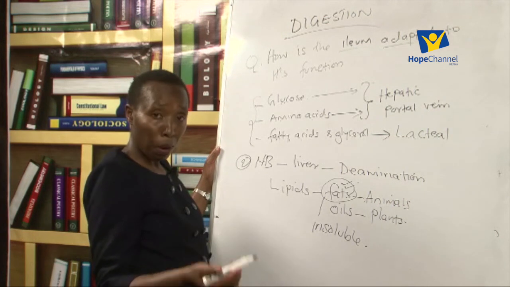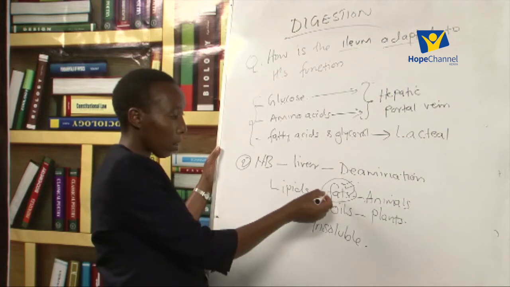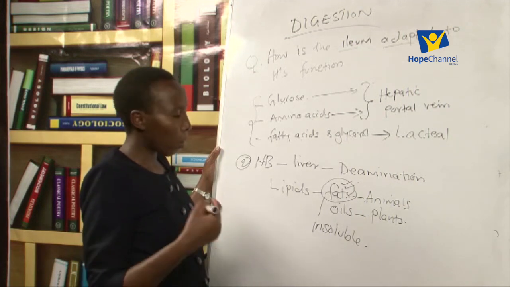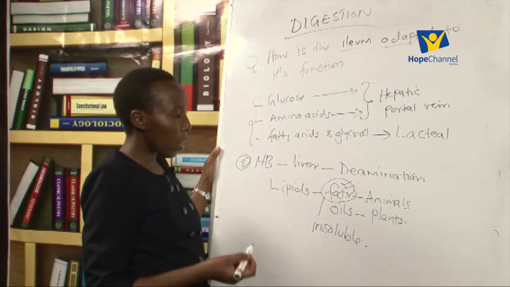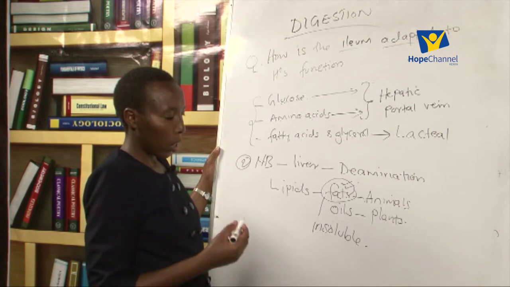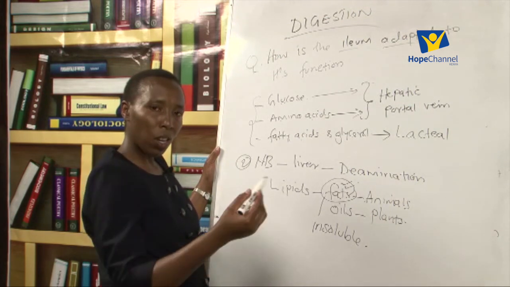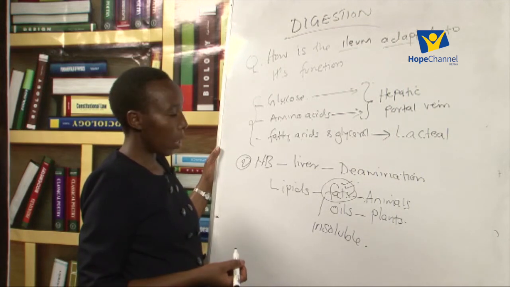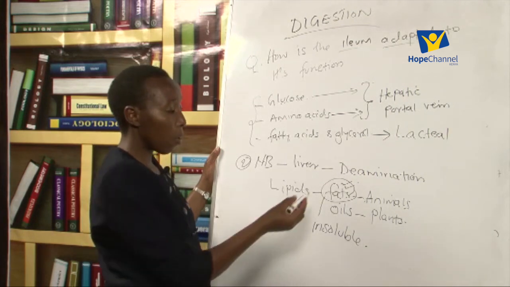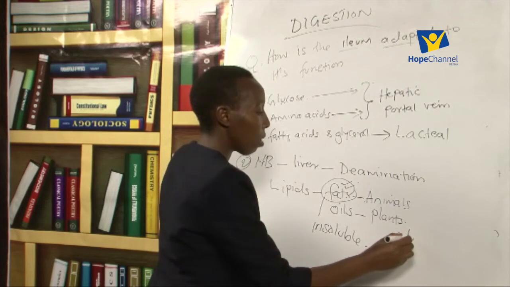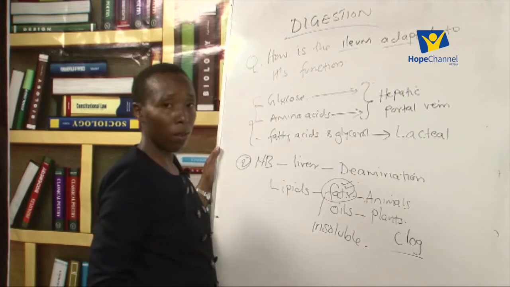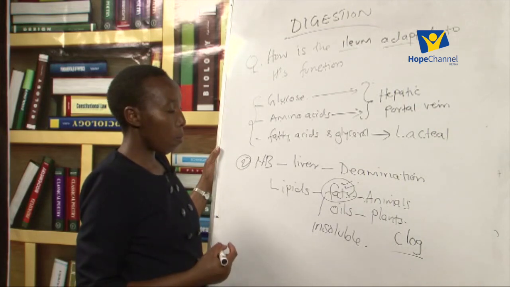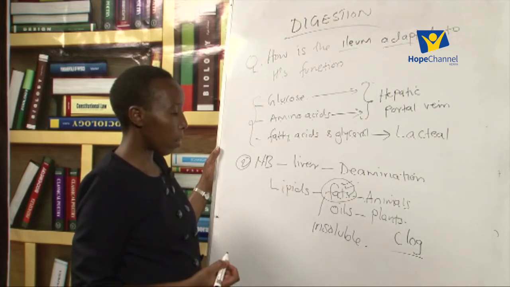They reconstitute back to the lipids, which in this case we are talking about fats. And we know that fats are insoluble. Then probably, because they are insoluble, transporting them to various parts of the body will be difficult. And at times, these fats may clog the blood vessels, so it may hinder the transport of blood in the blood system.